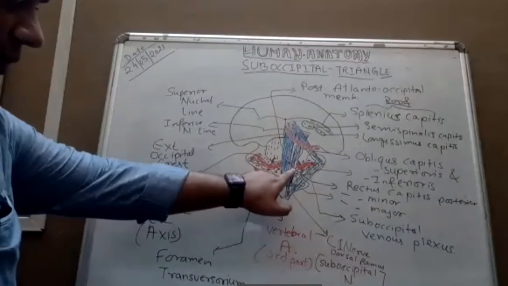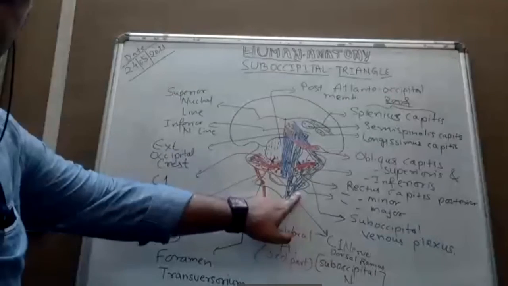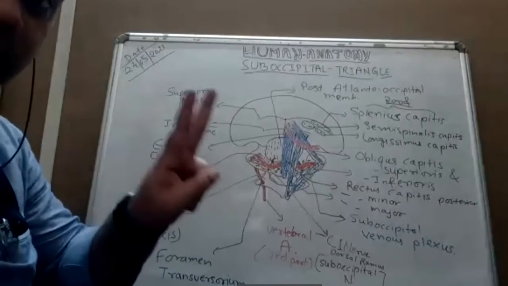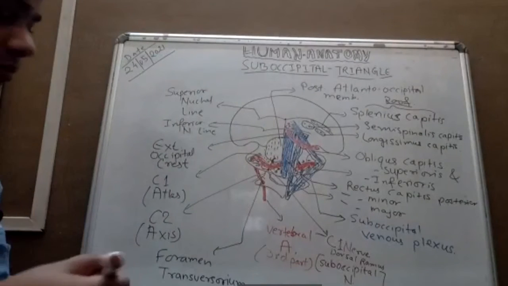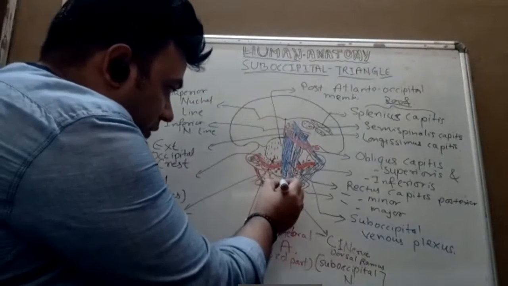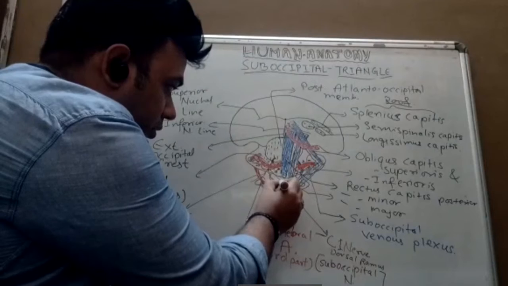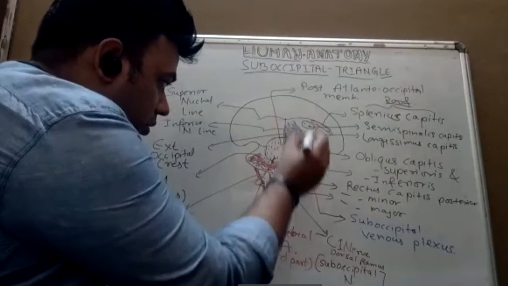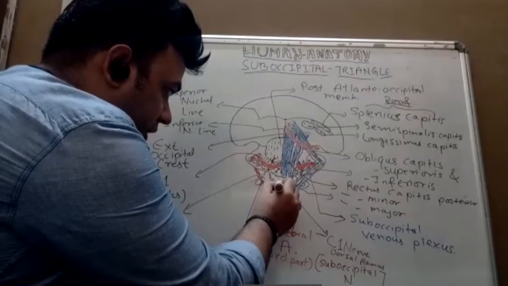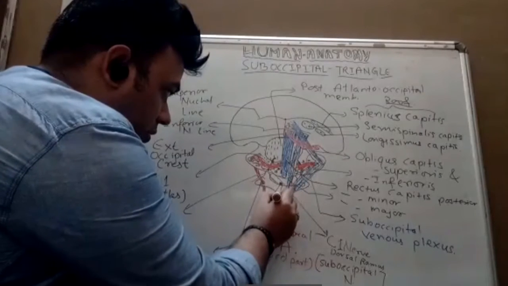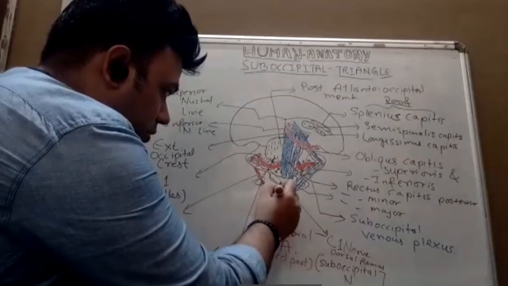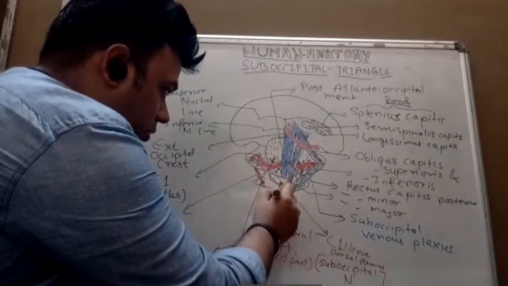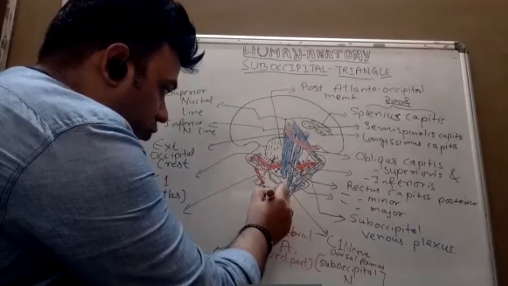Then between the first cervical and the second cervical vertebra, the dorsal ramus of the second cervical spinal nerve will also come. So through the brown color, I will draw. It is very thick, okay? I made it very thick. And it will ascend upward.